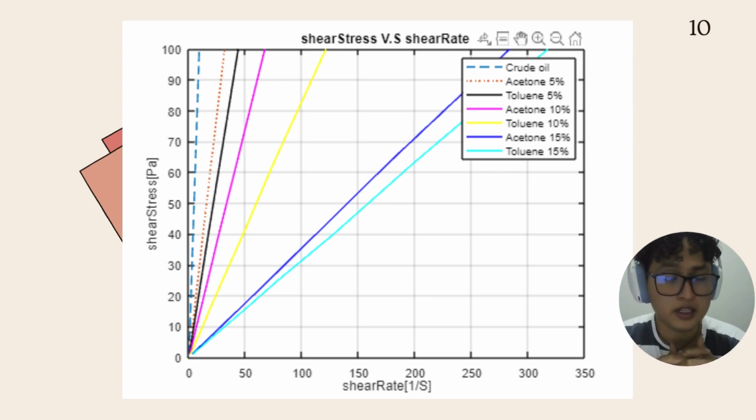We can quickly make conclusions or observations. Practically, the crude oil doesn't have a shear rate. And for example, the major concentrations, which are 15%, have the most shear rate: toluene and acetone at 15%.